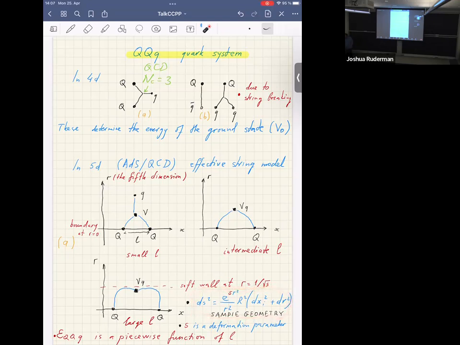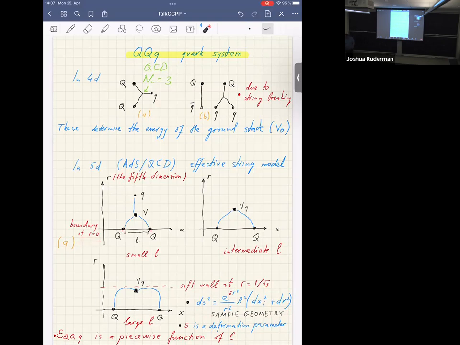So what happens with the first configuration? And in fact how to really get an idea about it. So one puts the whole system on the boundary of this AdS5 space, the boundary at r equals 0.